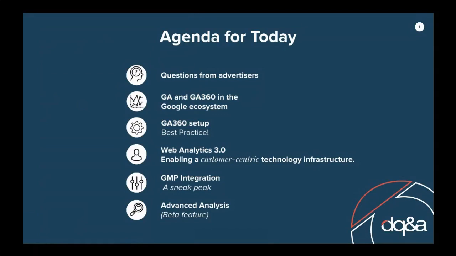I'll share then a little about best practices that we utilize when setting up a GA 360 account and how to use that to enable a customer-centric technology infrastructure. To close the webinar, I'll give you a little snippet on the Google Marketing Platform integration of Google Analytics and the beta feature on Google Analytics, which is the advanced analysis.